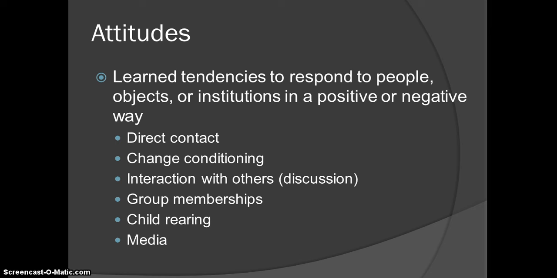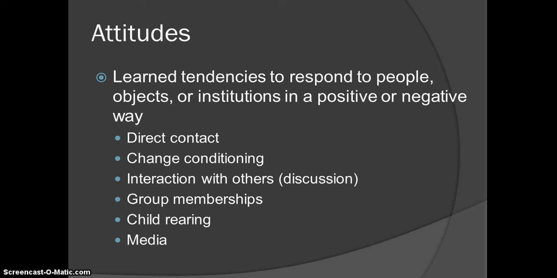Attitudes are learned tendencies to respond to people, objects, or institutions in a positive or negative way. And we can acquire these attitudes about different people or elements in different ways. So we can have direct contact with somebody and we might have a positive or negative experience, so that we might have more positive attitudes towards that person.